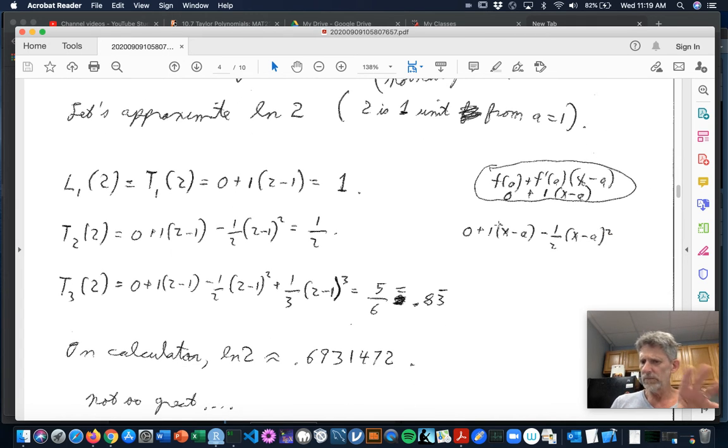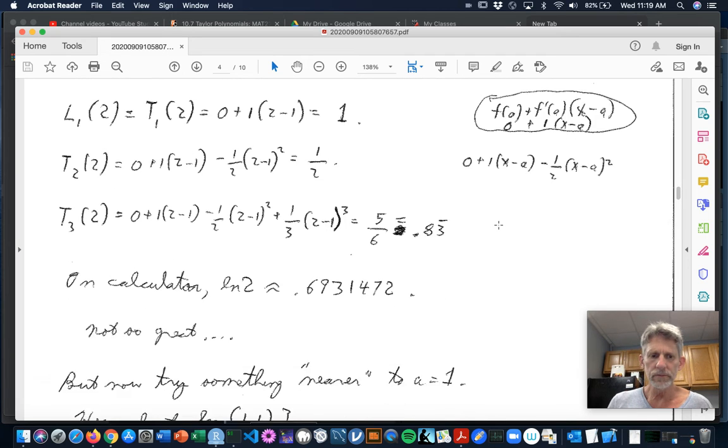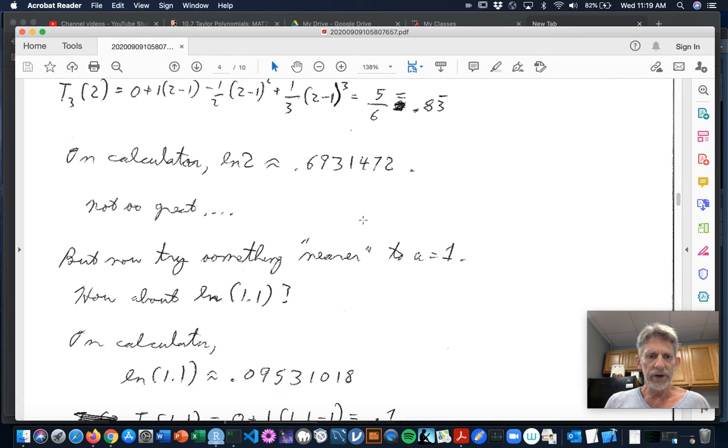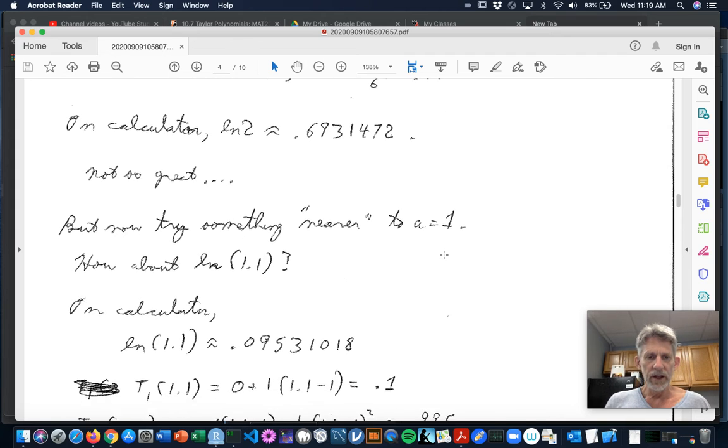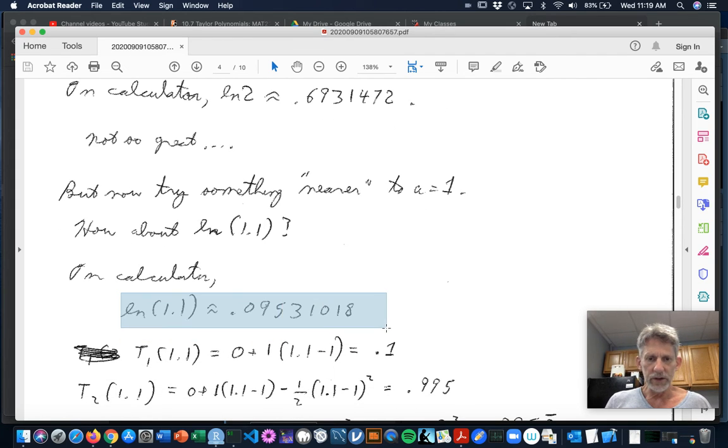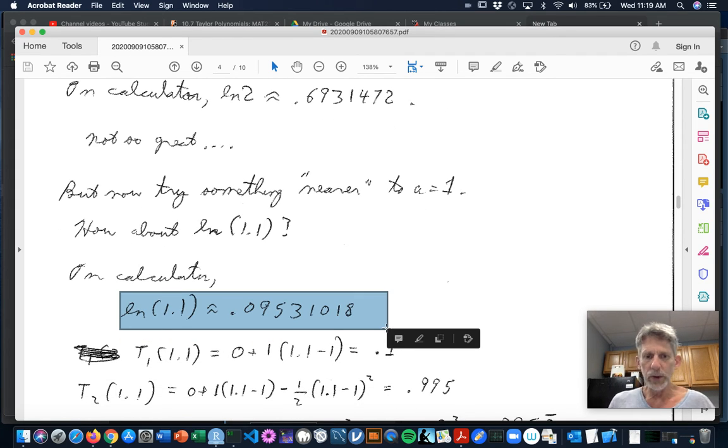Let's try something that we feel like is near. What if we wanted to approximate log of 1.1? Now, 1.1 is definitely looking kind of near 1. On a calculator, I found that log of 1.1 is about 0.09531018.